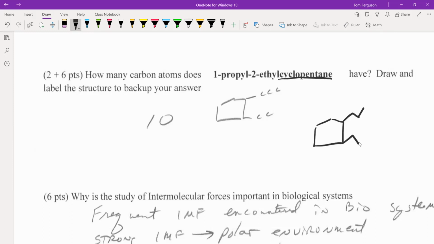And we need to count. So we've got 5 for the ring, and then 3 in the propyl group, and 2 in the ethyl group. We have 10 altogether.